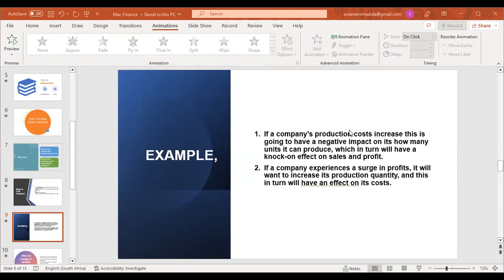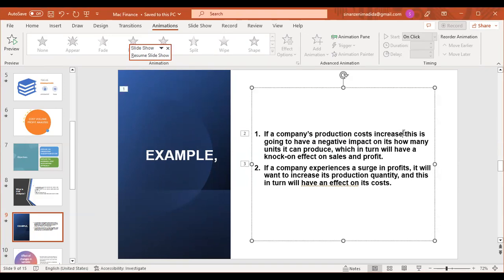If a company's production cost increases, this is going to have a negative impact on how many units it can produce, which in turn will have a knock-on effect on sales and profit. In this example, guys, let's say our production cost is going to increase.